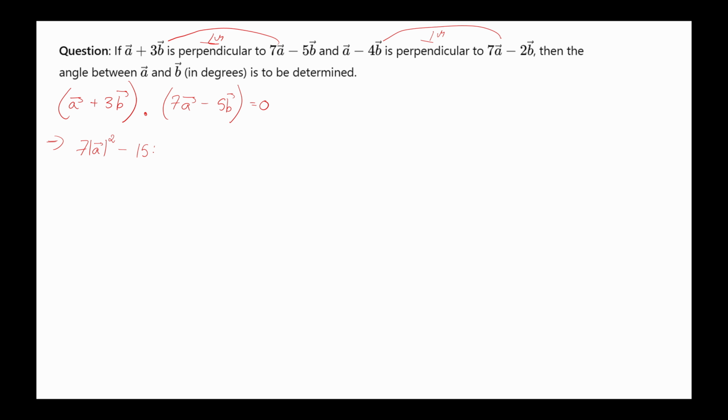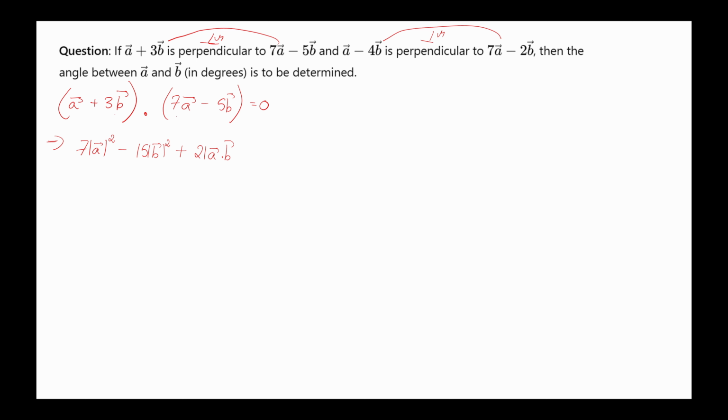minus 15 b vector modulus square plus, this would become 7 3s are 21, a vector dot b vector. Of course it is going to be b vector dot a vector, but as we know b vector dot a vector is equal to a vector dot b vector, so it doesn't make much difference.